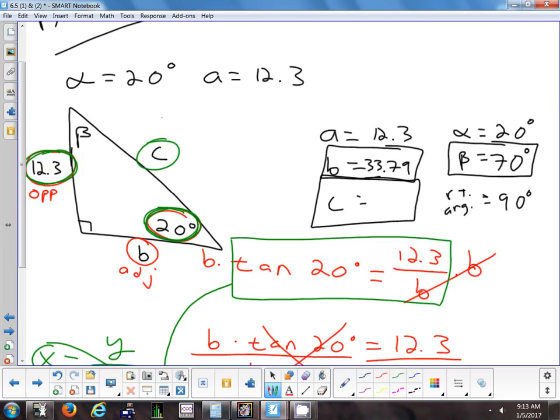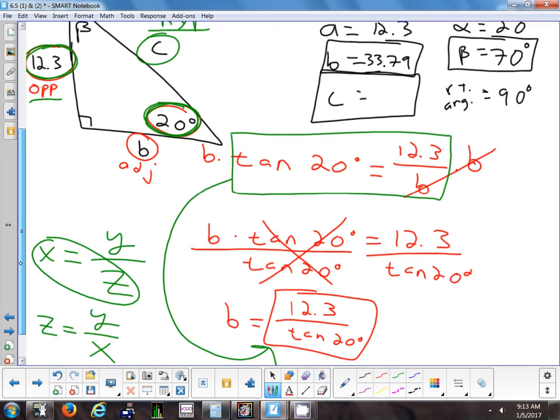That's hypotenuse. Okay, so from the perspective of the 20, we want to know the hypotenuse. We already know the opposite. So which trig function has what we know and what we want to know? Sine. Opposite over hypotenuse.